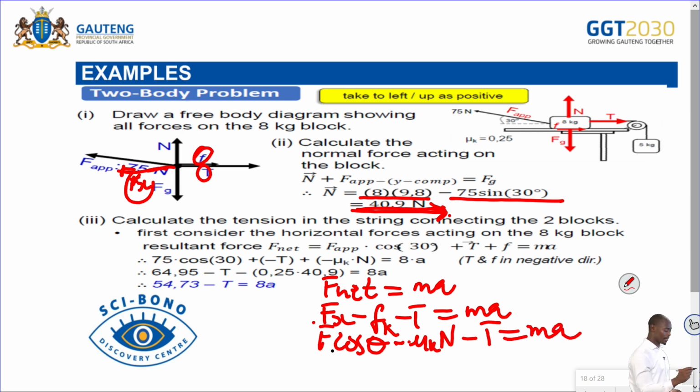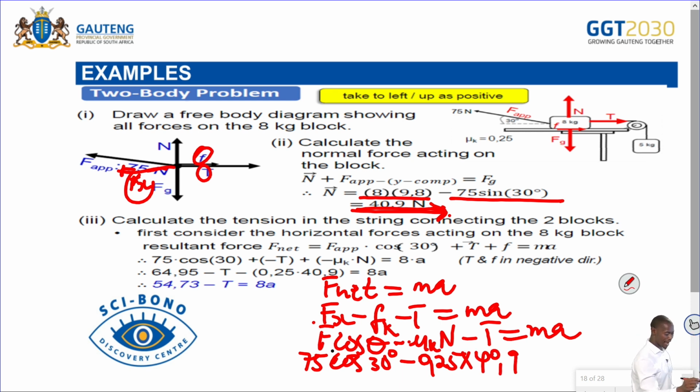So my F is 75 cos 30 degrees minus 0.25 times the magnitude of the normal force I already calculated, which is 40.9, minus tension equals the mass, 8, times the acceleration, and I don't have the magnitude of the acceleration. That will be my equation 1.